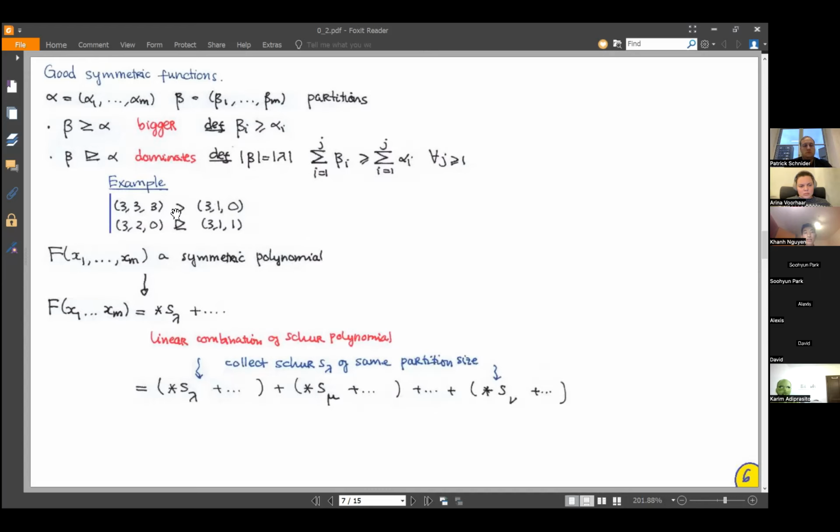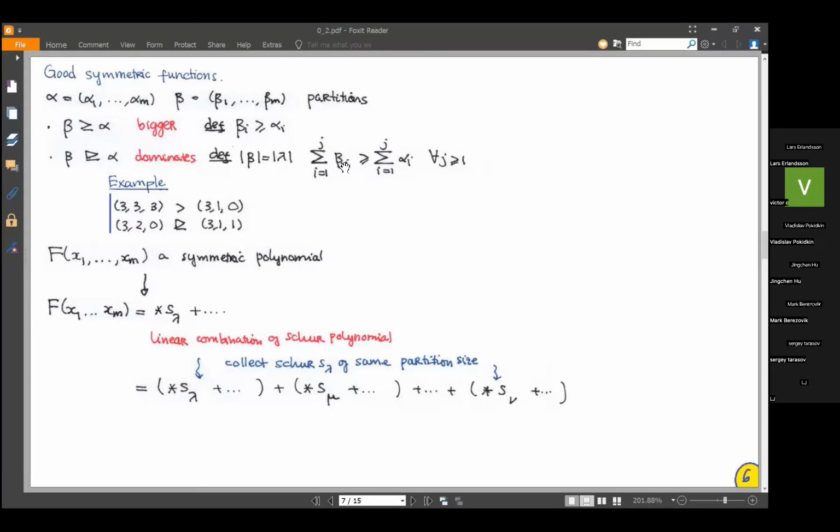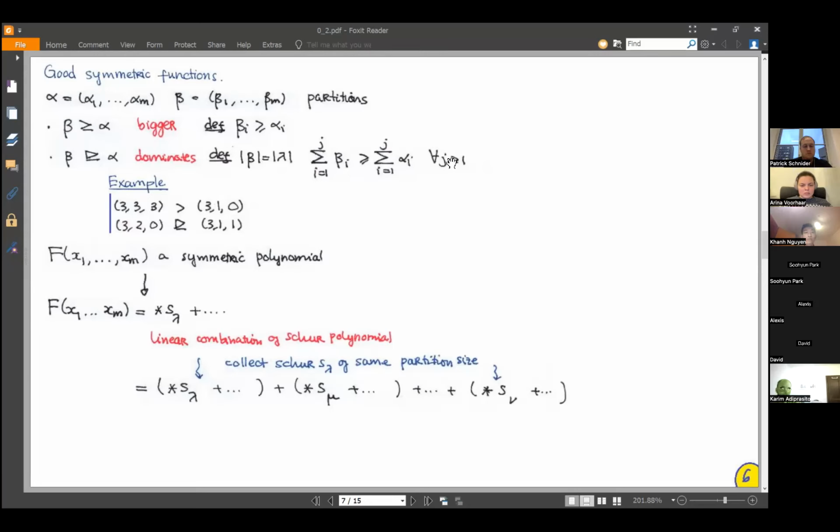And for the next two partitions, 3, 2, 0 and 3, 1, 1, you see that they have the same size. The size in this case equals 5, because 3 plus 2 equals 5 and equals 3 plus 1 plus 1. Now when we compute the sums of beta_i for i from 1 to j, for j from 1 to 3, you see that 3, 2, 0 dominates 3, 1, 1.